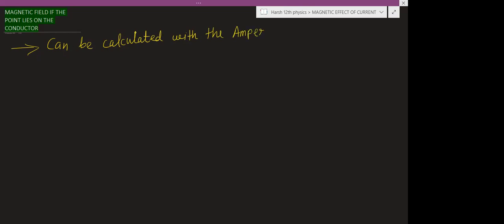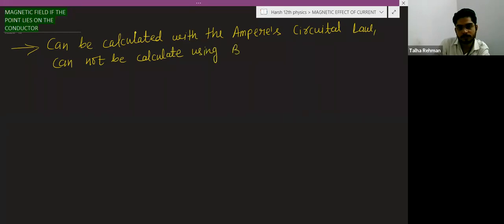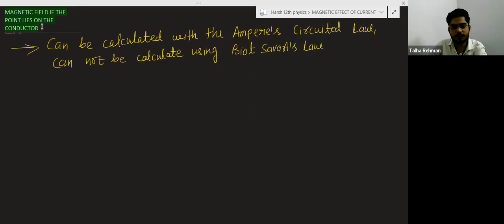It cannot be calculated by Biot-Savart's law.